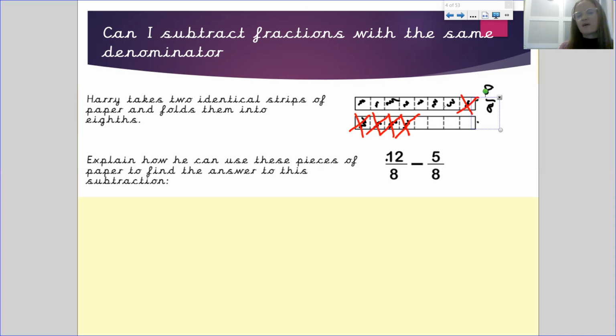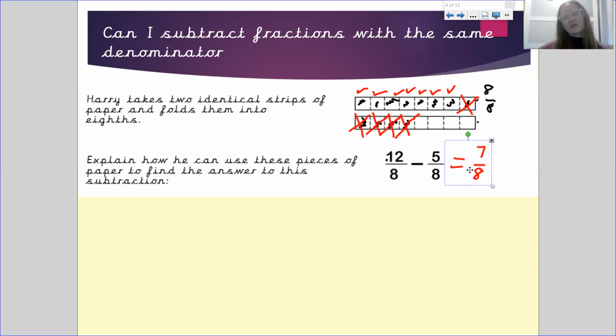Okay, I've crossed them out because it says minus, which means you're taking away. So I've taken away 5/8, and I'm left with 1, 2, 3, 4, 5, 6, 7 of those 8s. So actually 12/8 minus 5/8 is going to give me 7/8.